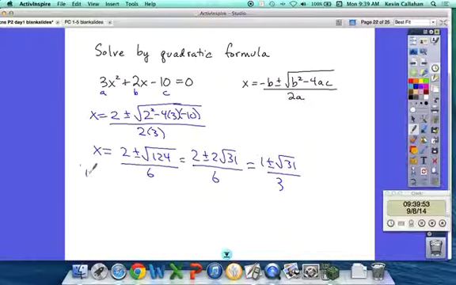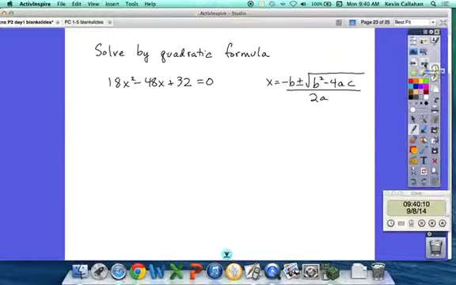Right, 124 is 4 times 31. And the only difference between this example and the next example is the last one.